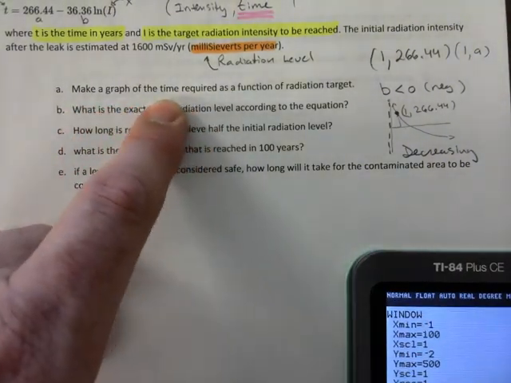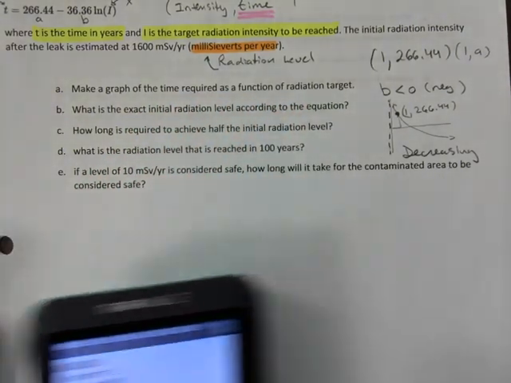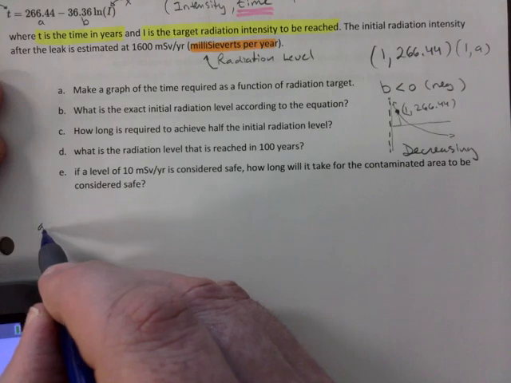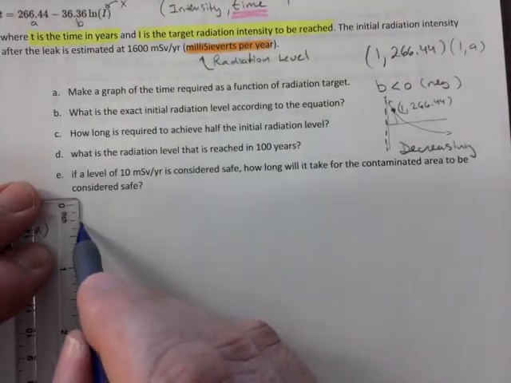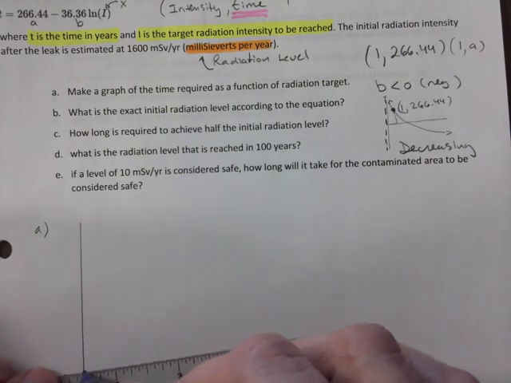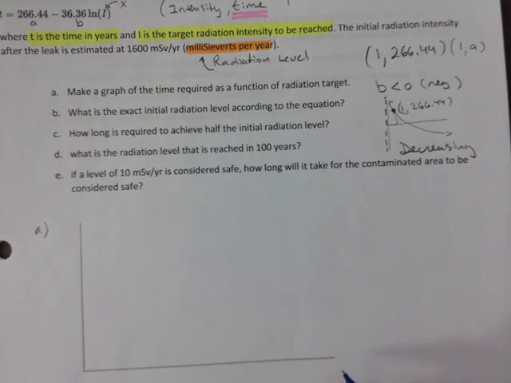Make a graph of the time required as a function of radiation target. Okay, let's make the graph. Not too big. So I want you to try these after we're done today. I know the time is running out. It's going to be short, but what goes here, guys?